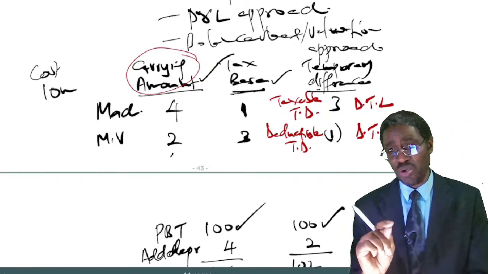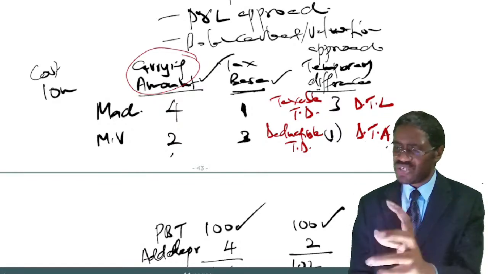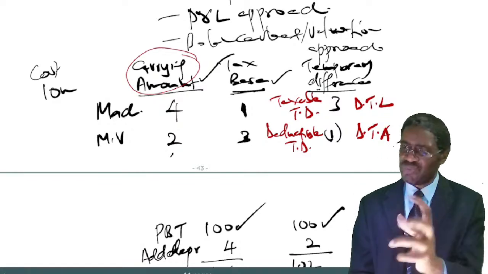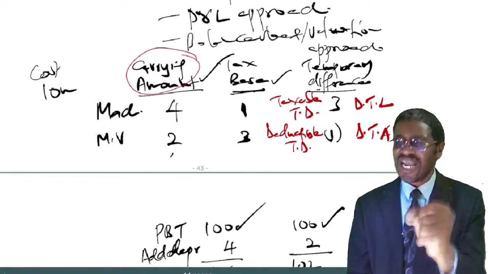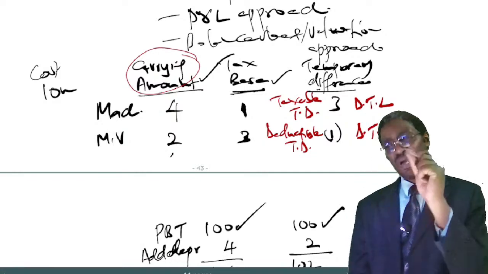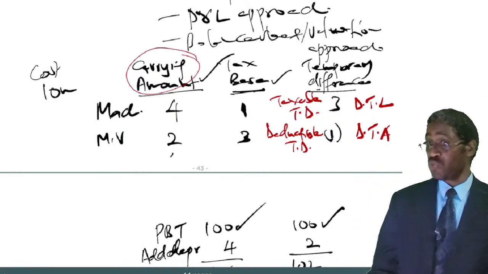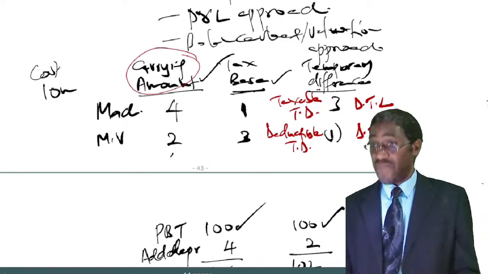We shall also come across liabilities in the balance sheet approach. What is tax base? Tax base is the amount on which tax will be based for tax purposes. That's what we refer to as the tax base.